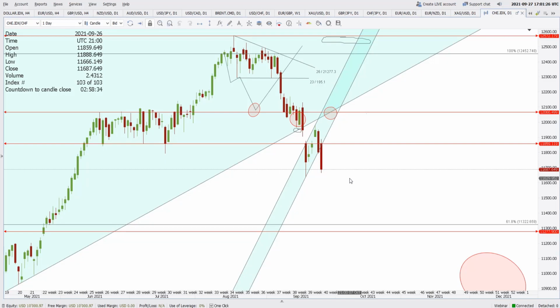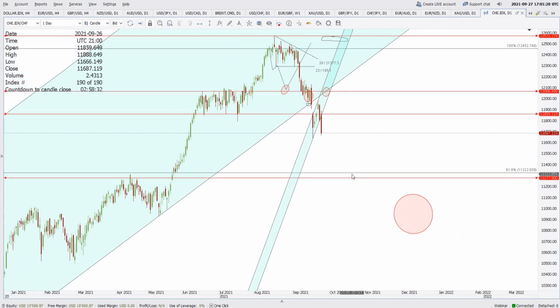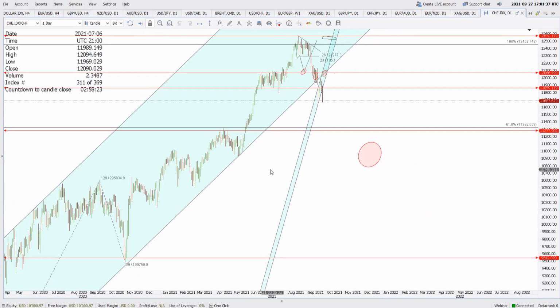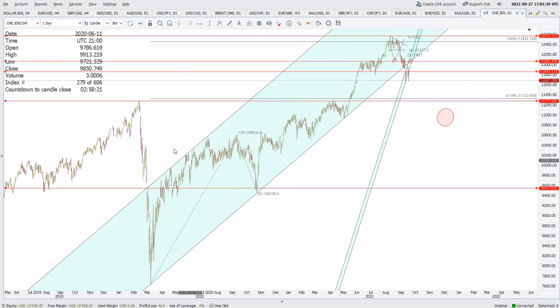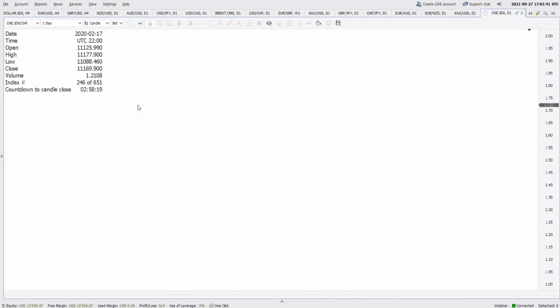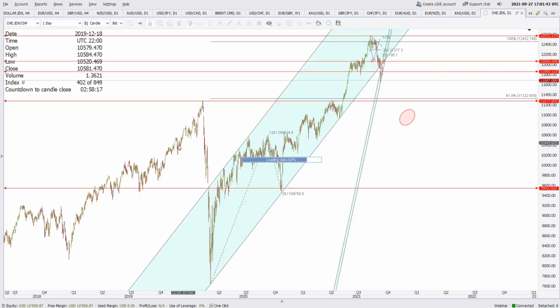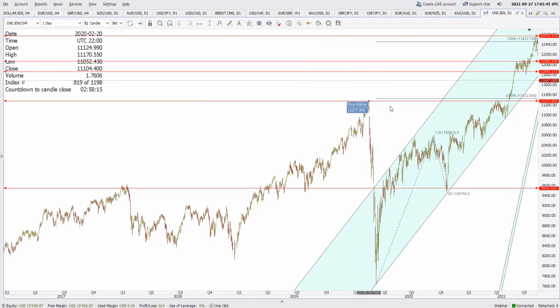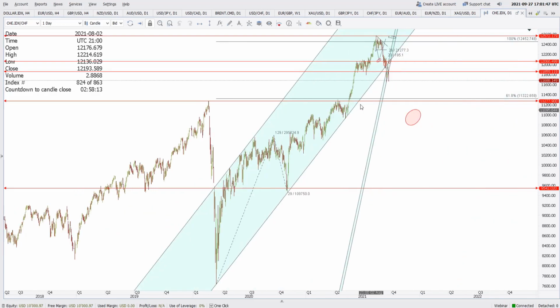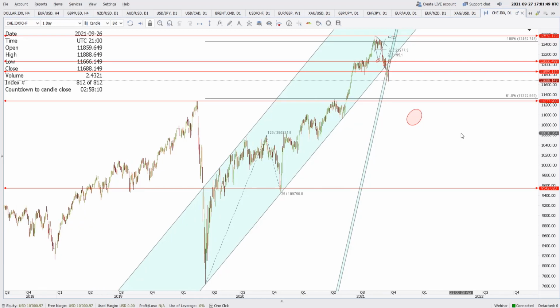If my friend Damien is watching this, then my friend, 11,277 is a special price area. It is also 61.8% of this previous rise, and it has been a very good resistance for so many years in the past. So this level here may be a very good buying area because it has not been retested once, not even once.